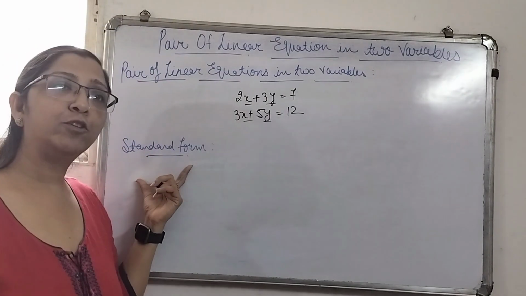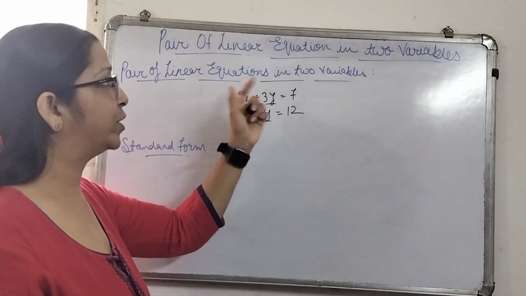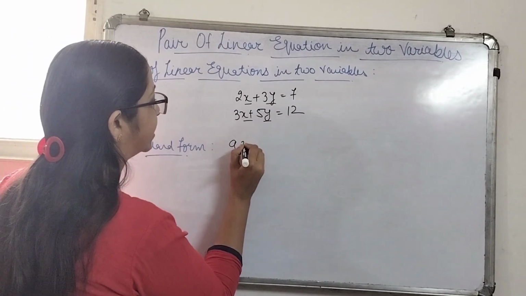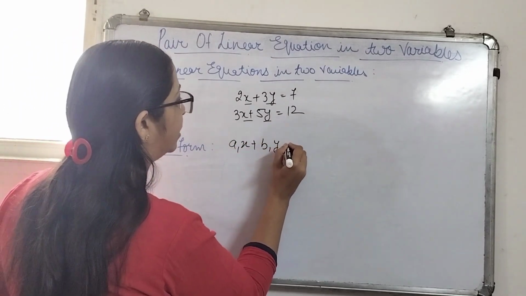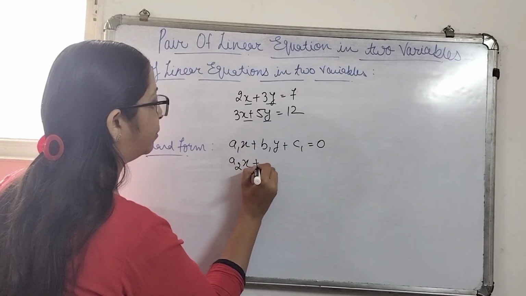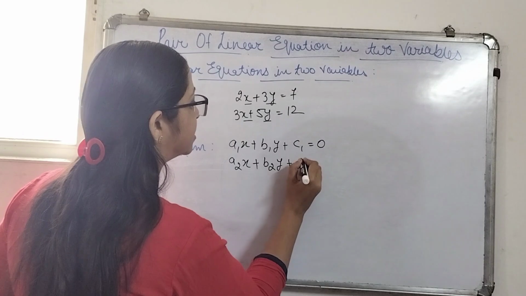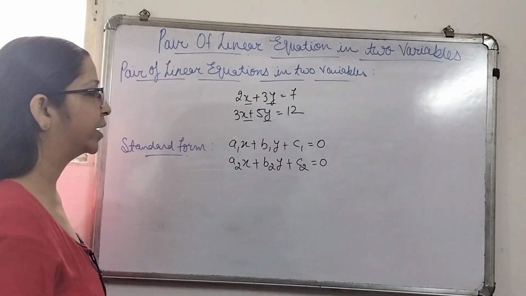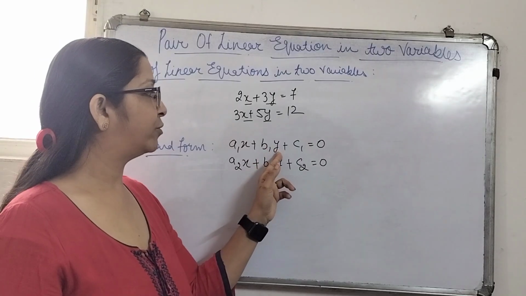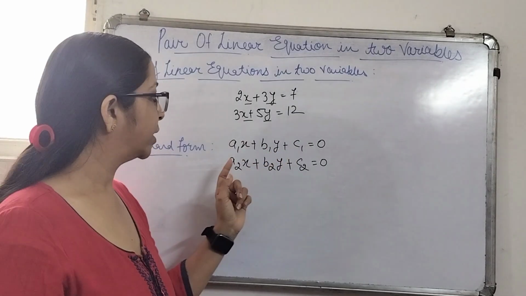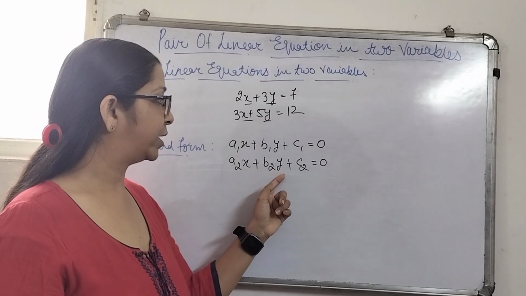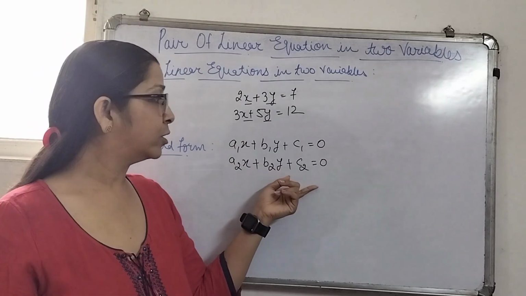Now what is the standard form of pair of linear equations in two variables? So the standard form of this is a1x plus b1y plus c1 is equivalent to 0 and a2x plus b2y plus c2 equivalent to 0. Here a1 is the coefficient of x, b1 is the coefficient of y, and c1 is the constant term. a2 is the coefficient of x in the other linear equation, b2 is the coefficient of y, and c2 is your constant term.